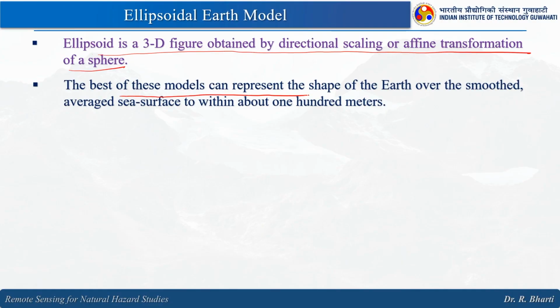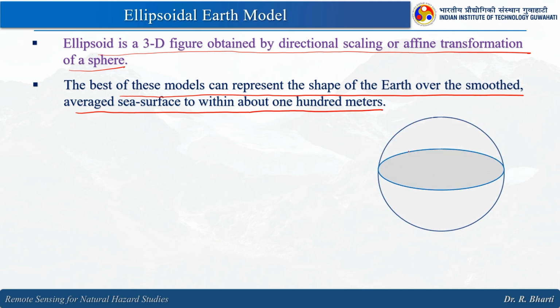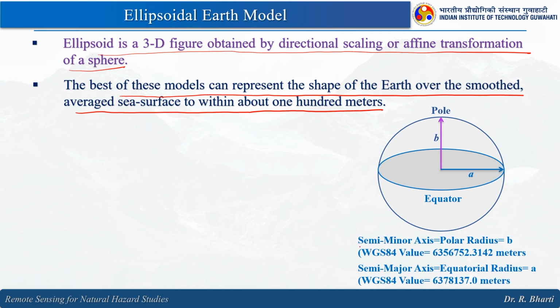The best way, these models can represent the shape of the earth over the smoothened average sea surface to within about 100 meters, right. So, here you have the ellipsoid and the pole and equator are marked, and then you have the semi minor and semi major axis. This is the polar radius, this is the equatorial radius.